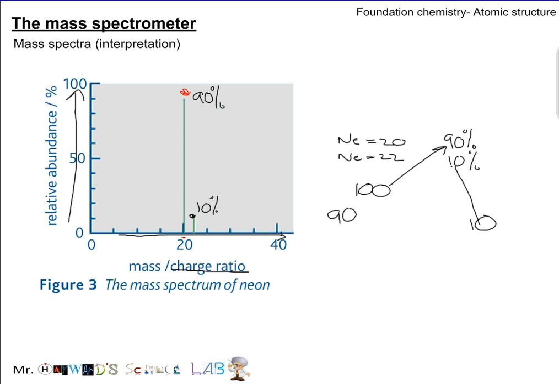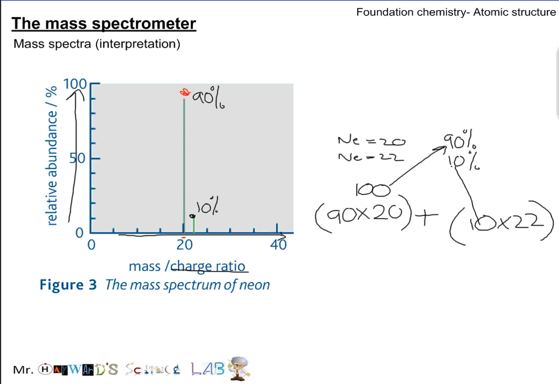So what we do is we take our percentage or our number, if there was 100, and times it by the relative atomic mass of that isotope. So 90 times 20, and 10 times 22.